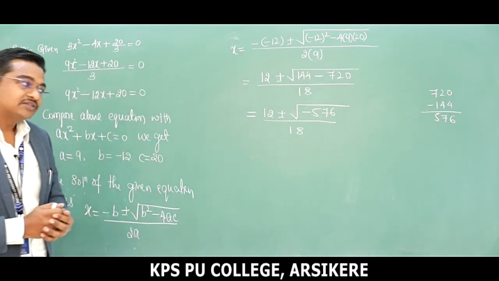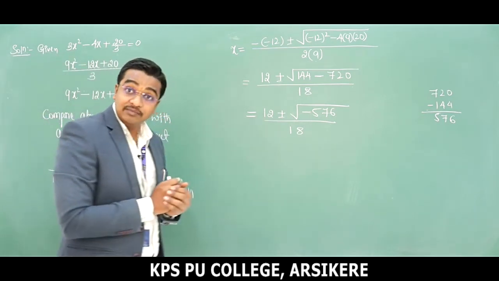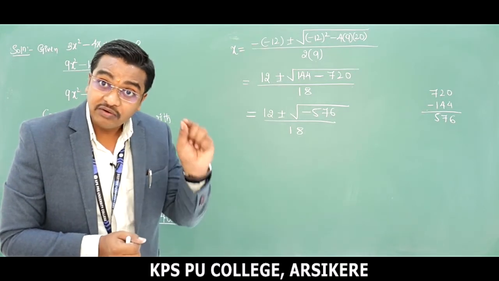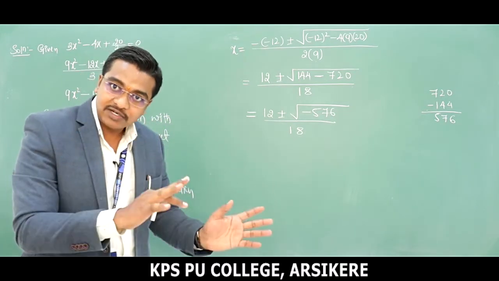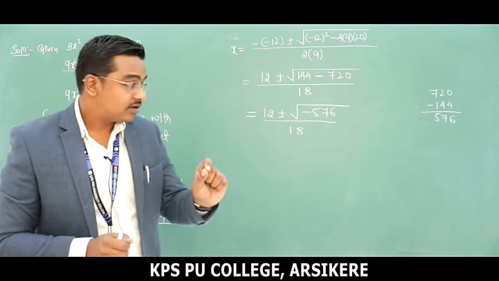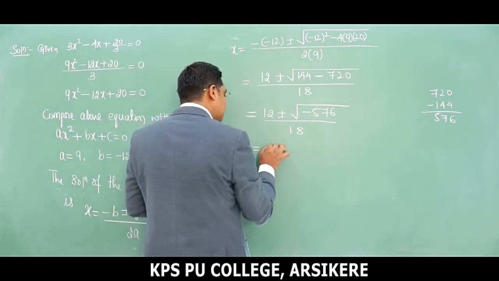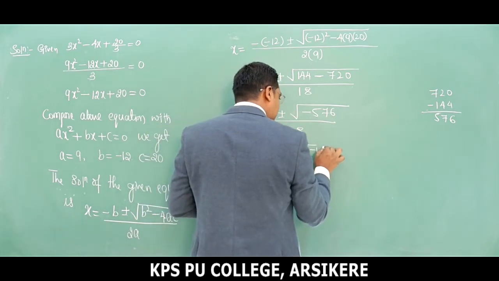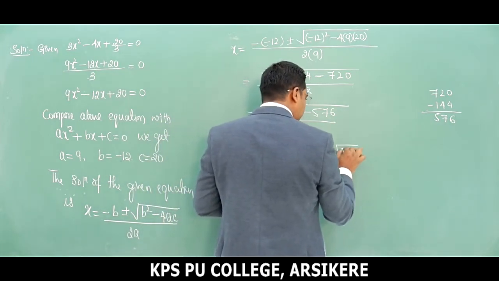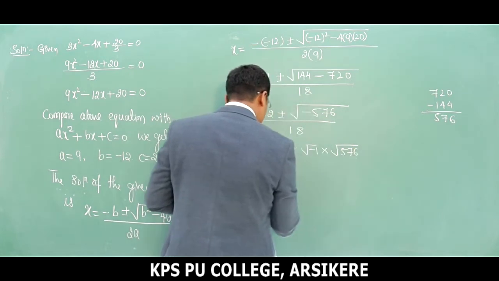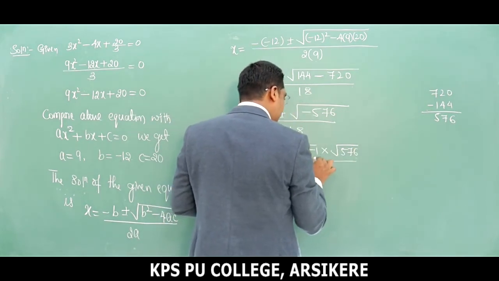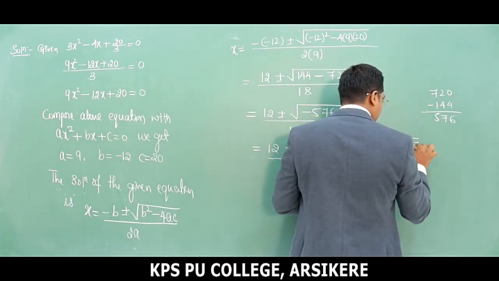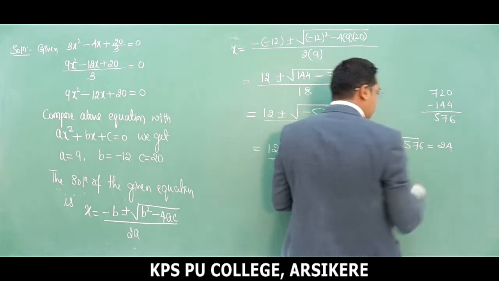576 ಇದೆ. Okay, square ನೋಡಿ minus 576 can be written as minus 1 into 576 ಆಗಿ ಬರೀಬಹುದು. That can be split as square root of minus 1 into square root of 576. This becomes 12 plus or minus square root of minus 1 into square root of 576 whole divided by 18. ನೋಡಿ square root of 576 can be written as 24.